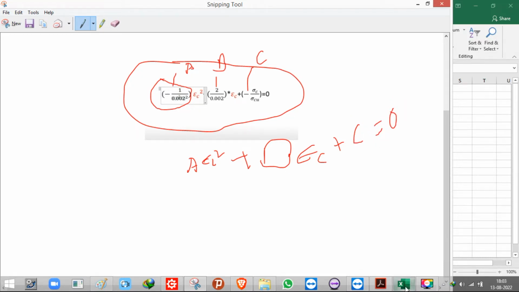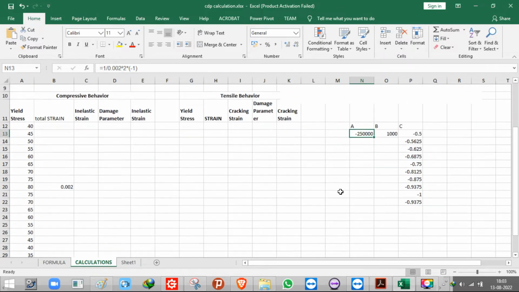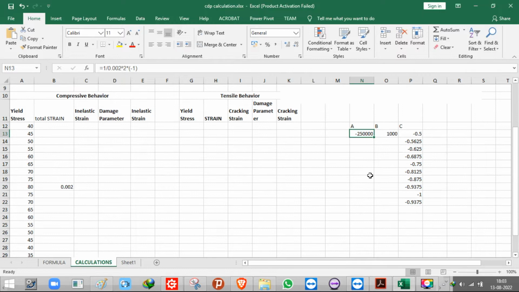This becomes my quadratic equation. So here in this calculation sheet, I have marked A, B and C values. So let us correct these values. These are the older values, I have calculated again.